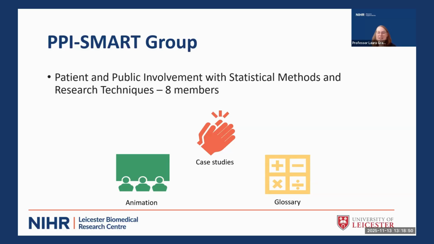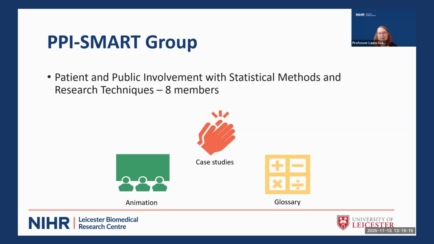So I think the assumption that people wouldn't be interested in this type of research isn't true. The people that we recruited had all undertaken PPI previously, and what they said they really liked was that this seemed an opportunity to grow their skills as a public contributor. So that was a really nice thing to hear.